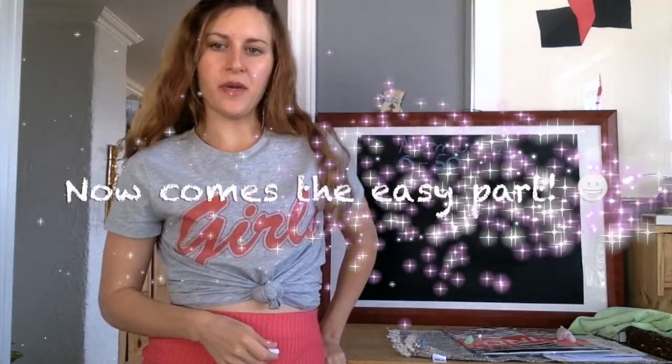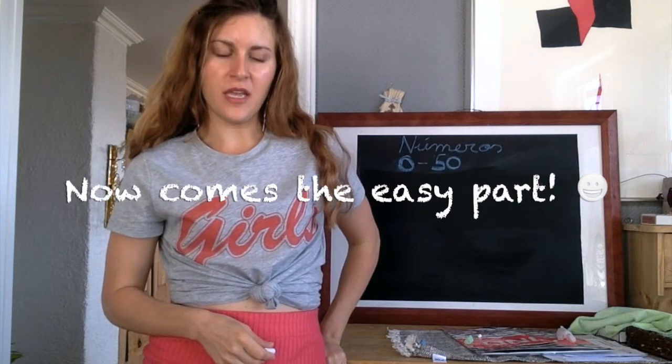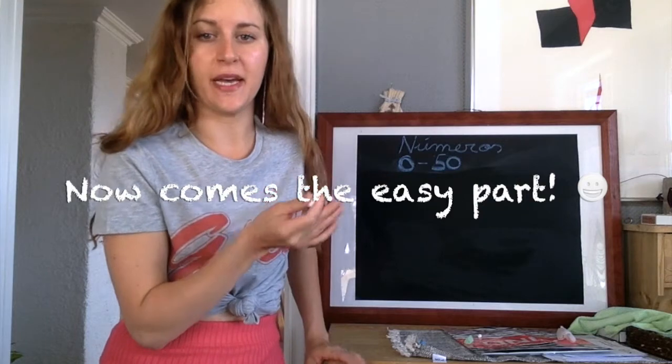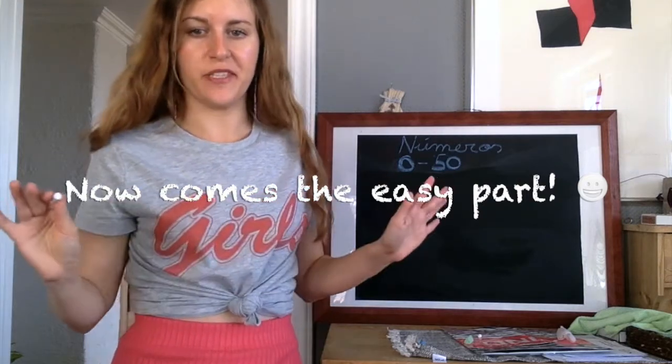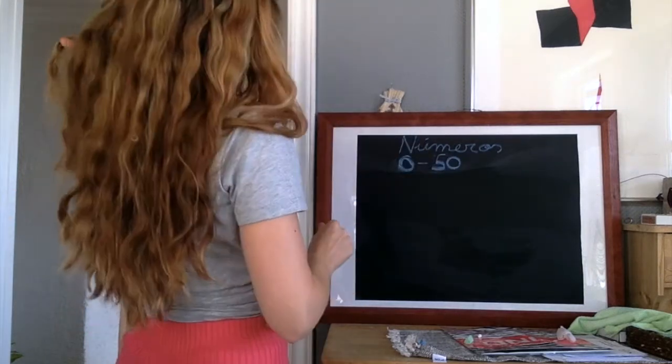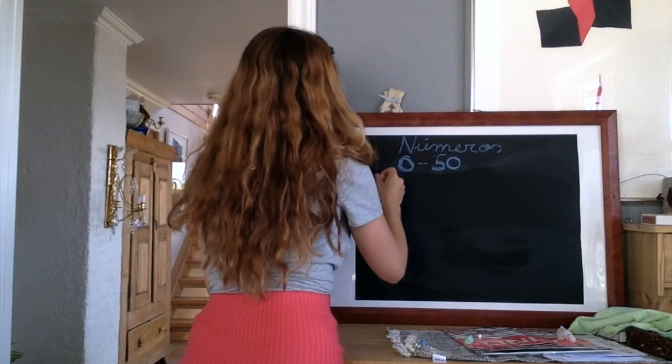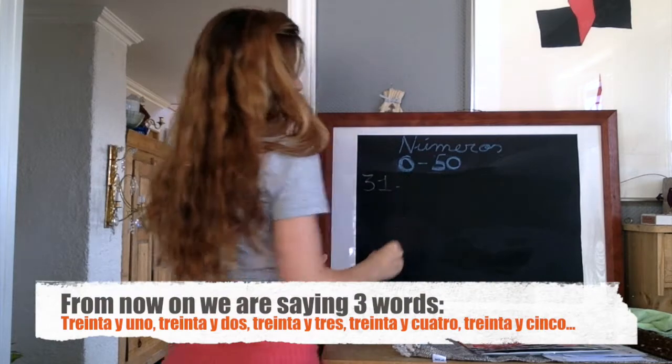Okay, so now from 31, we are going to follow one system up till 100. So now it's pretty easy. We just divide the word now into 3 different words.